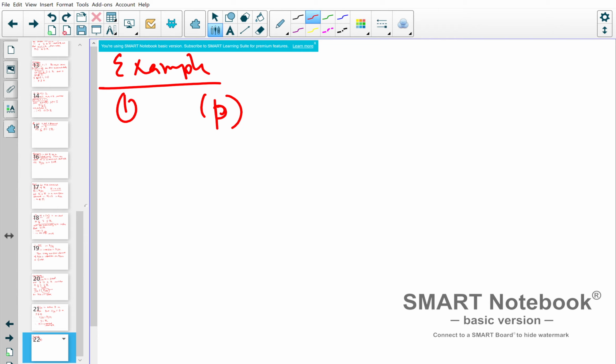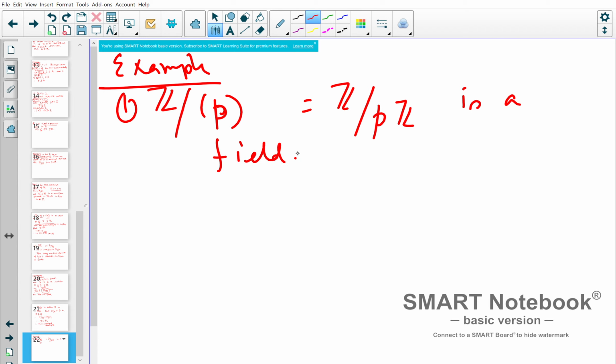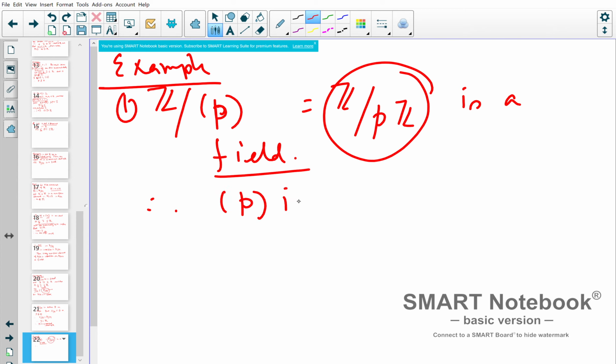Why? Because whenever you go modulo this, that is Z mod pZ, and you see that is a field, right? You already know this. So what does that mean? This is an integral domain, and finite integral domains are fields, right? Hence this is a maximal ideal.